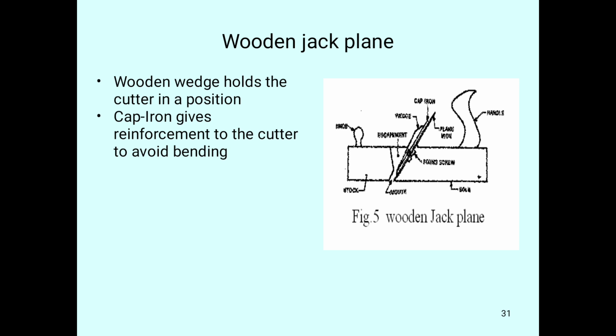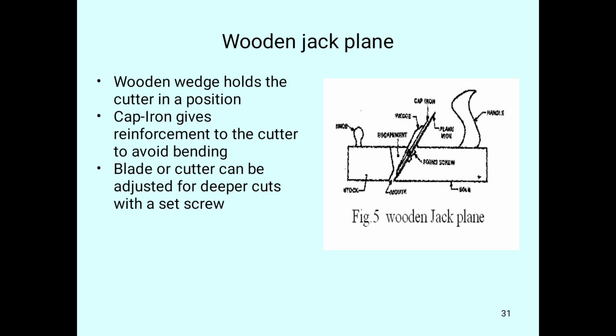Next, the blade or cutter can be adjusted for deeper cuts. If you want to make deeper cuts on the wooden workpiece, we can adjust the blade by using a set screw. Next, the length of the jack plane is about 350 mm to 425 mm.